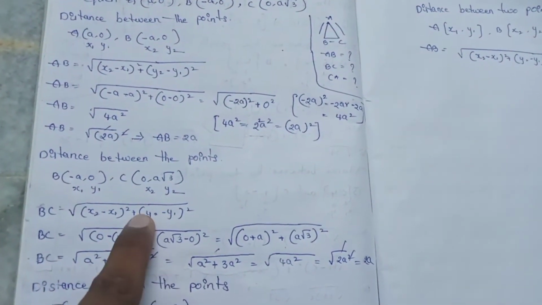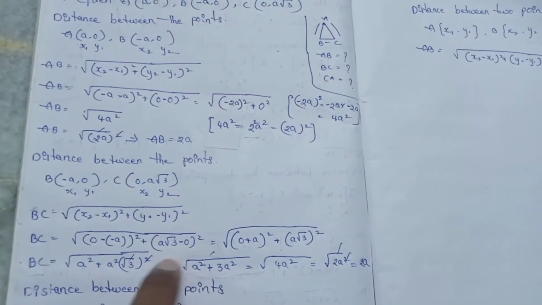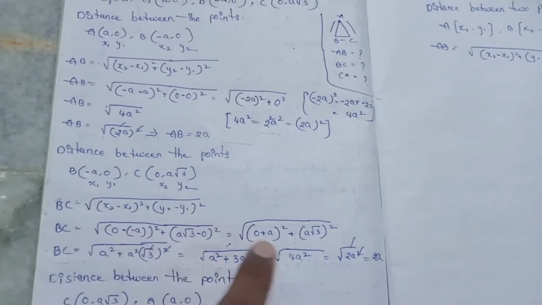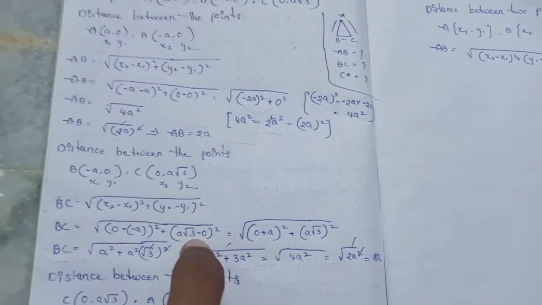Whole square plus y2 is A root 3, y1 is 0. That is 0 minus minus A, so plus A whole square, plus A root 3 minus 0, A root 3 only.